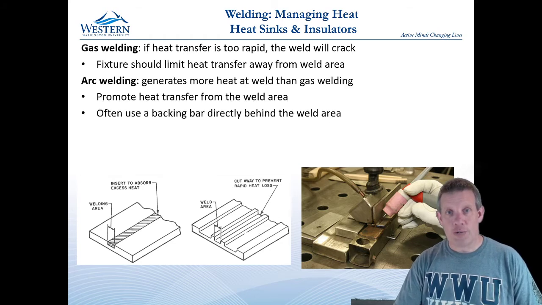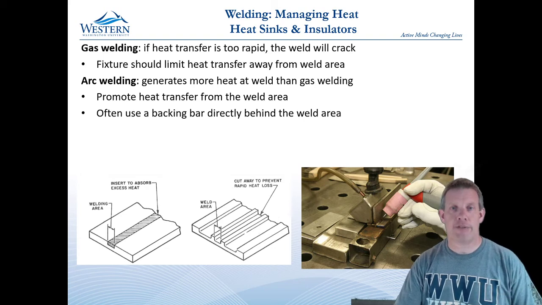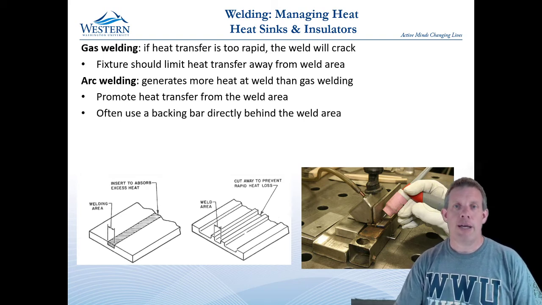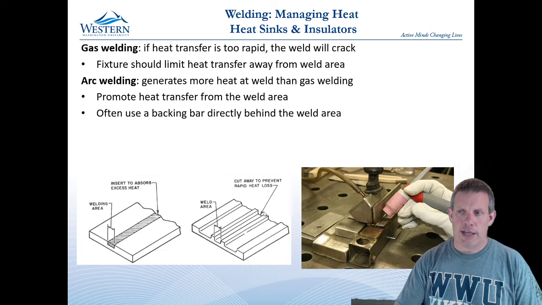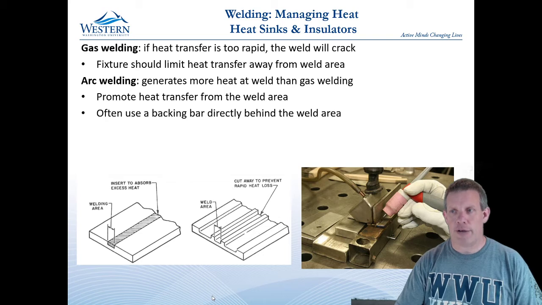Conversely, if we're doing arc welding, we'll end up with too much heat, and we need to dump that heat out of there to try to prevent it from warping things. And so very often we will put a conductive bar in that place. You can also, to keep heat in, minimize the conduction area and leave an air gap behind it. So this fixture over on the right would do the minimal amount of heat removal.